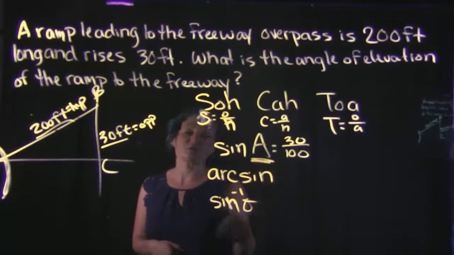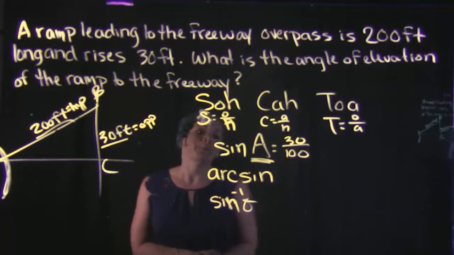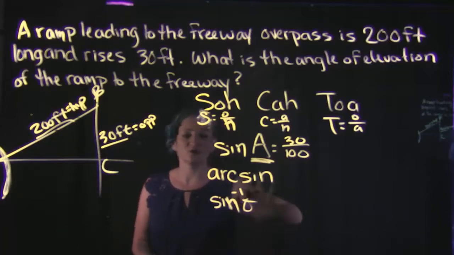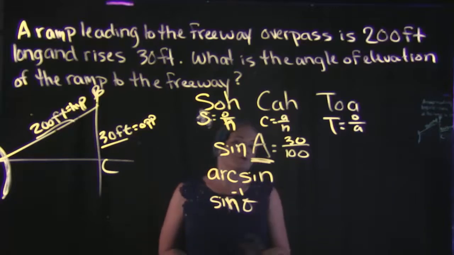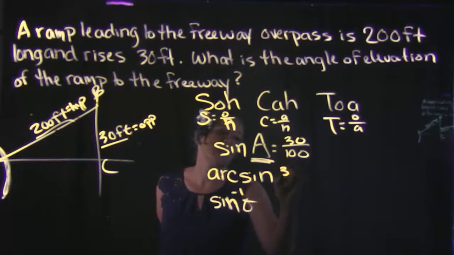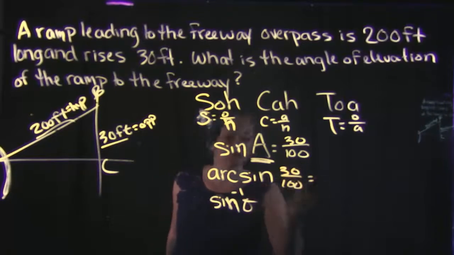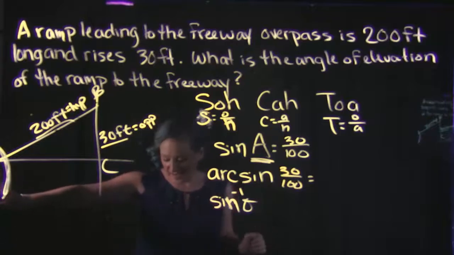It's what's going to allow us to actually get the angle here instead. So depending on your calculator, use either arc sine or inverse sine. For my particular calculator, I'm typing in arc sine of 30 over 200. Do it in degree mode, since we are finding the angle here.